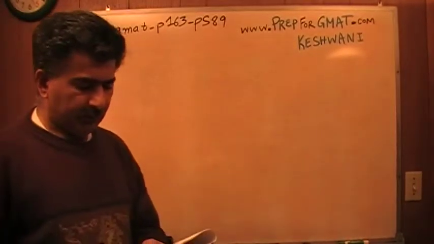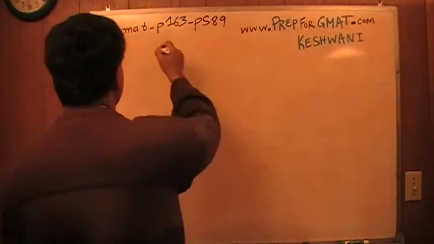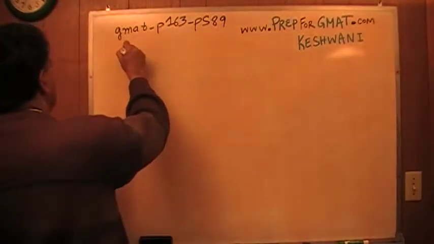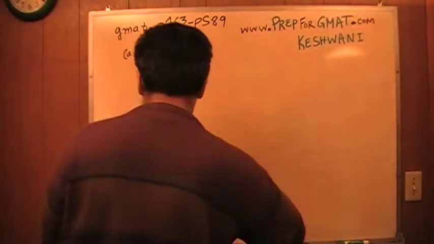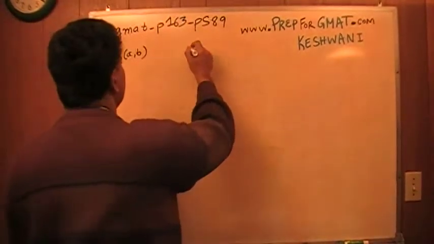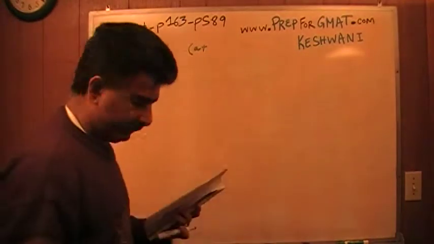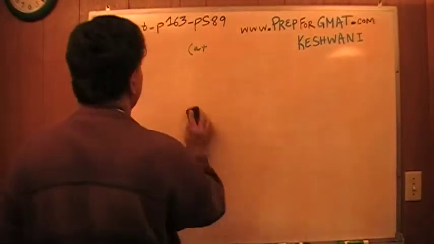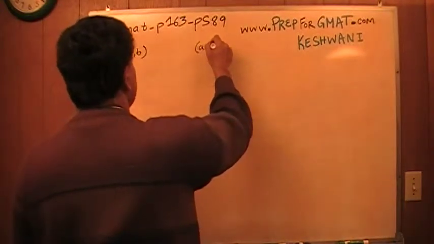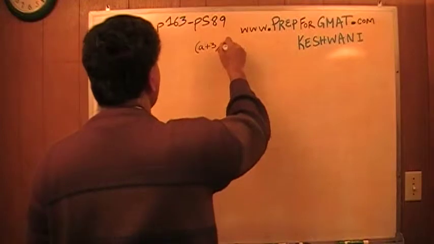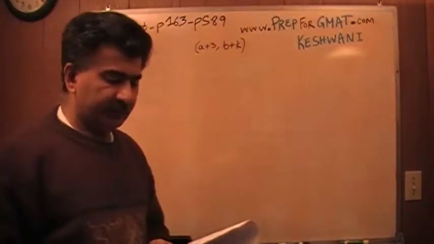It says, in the XY coordinate system, the point (a, b), here is the point that was given, and (a plus 3, b plus k).